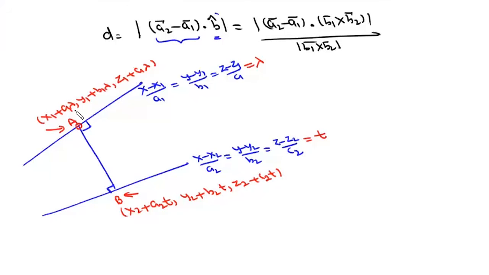Now here we have two unknowns, lambda and t, and for this we need two conditions. The two conditions are this line AB is perpendicular to L1, it is also perpendicular to L2.